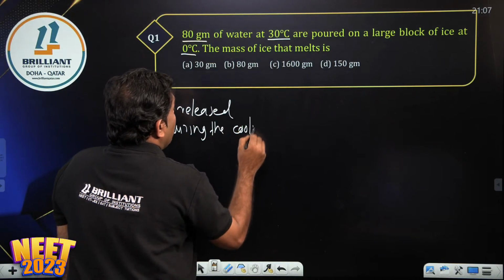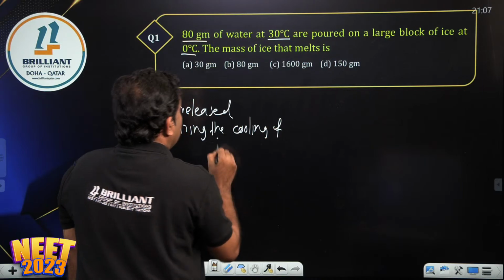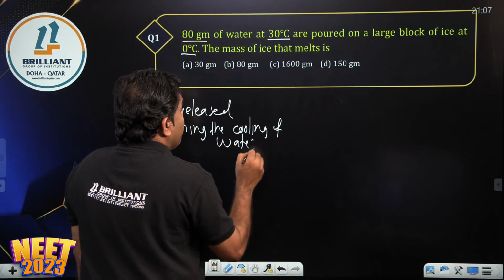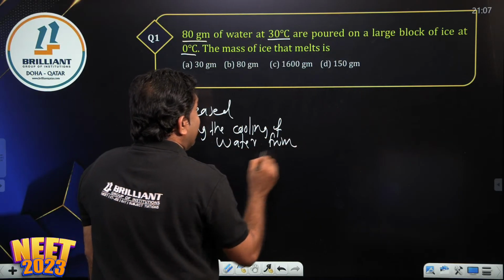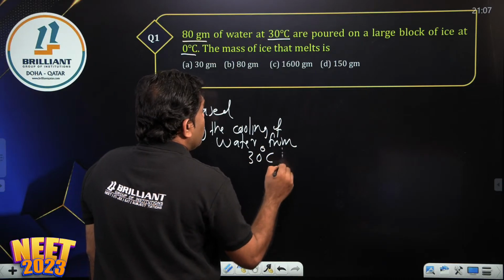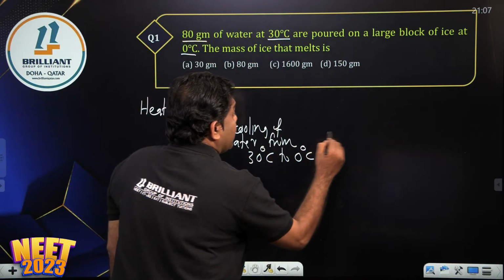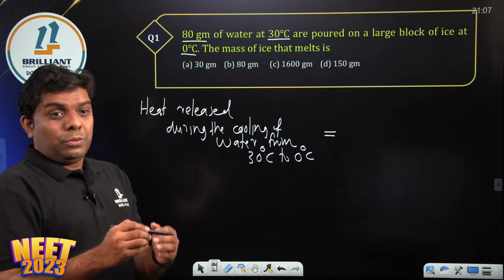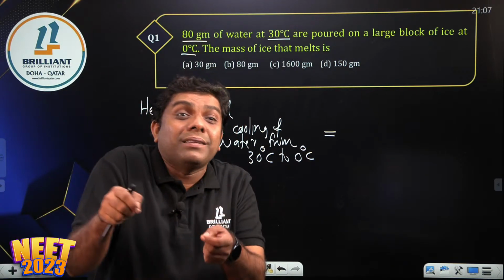During the cooling of water, water is cooling from 30 degrees Celsius to 0 degrees Celsius. That heat is utilized to melt ice.